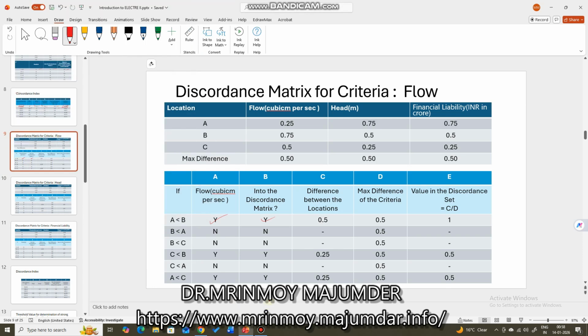Now you see for A less than B, this is yes, because A is 0.25 and B is 0.75. The question is whether A is less than B; A is 0.25, far less than 0.75, so yes, into the discordance matrix. Now the difference between the locations is also required.